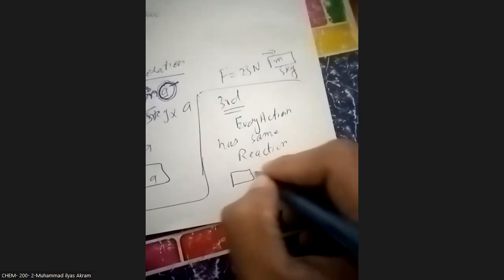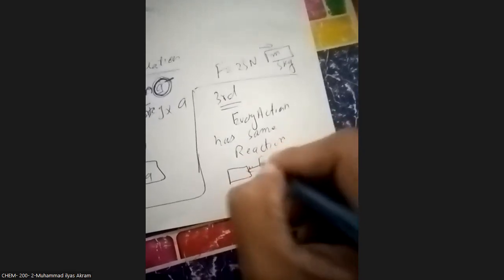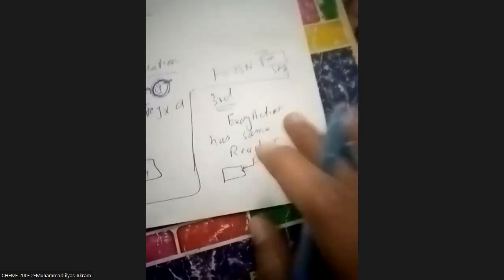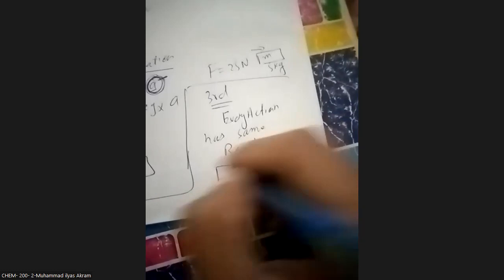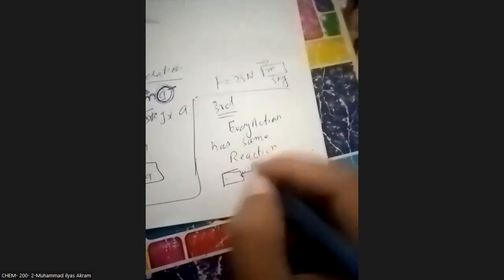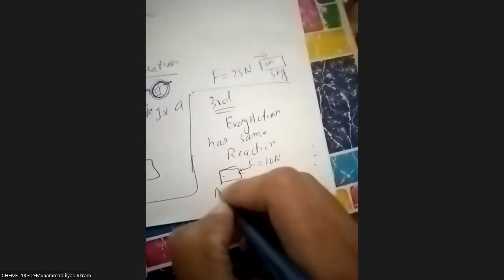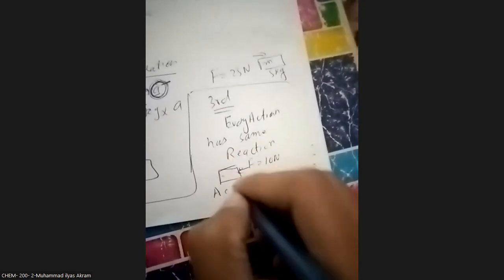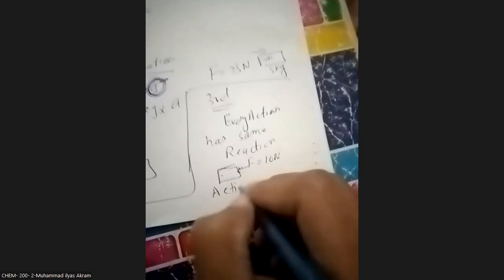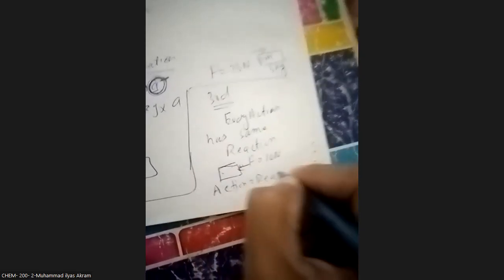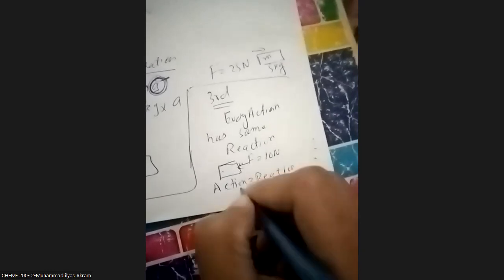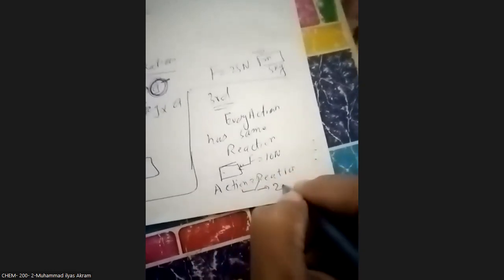If you hit somebody with a force of 10 Newton, the same force will be applied on you by the body. That is the action reaction force, and for action and reaction, there will be two bodies.